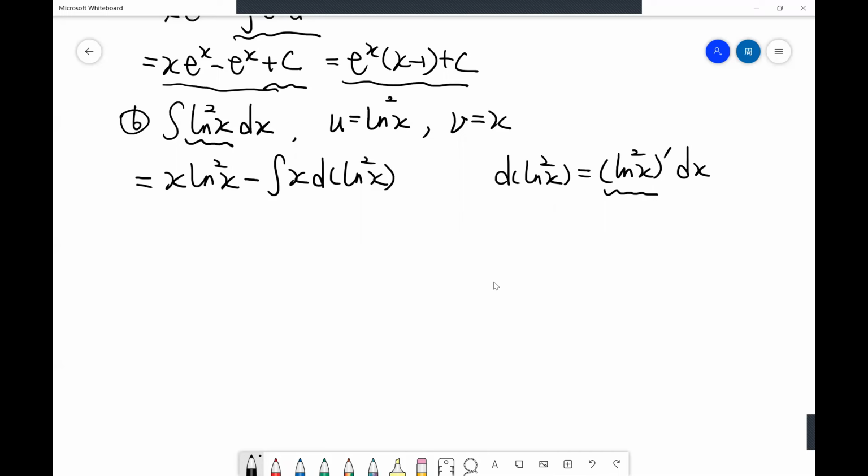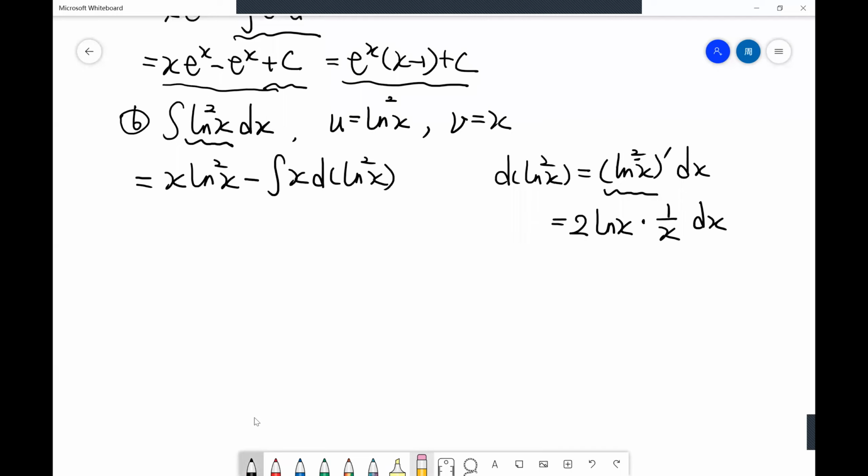Remember that the outside function is the power 2 function, and the inside function is ln x. So for the outside, that is 2 ln x, times the inside, ln x prime, so times 1 over x. So we can write it as the integrand inside here.